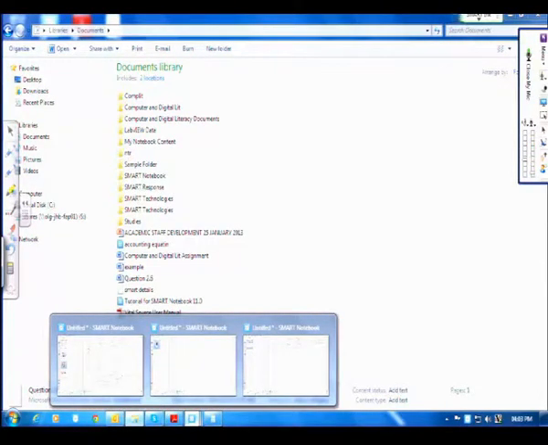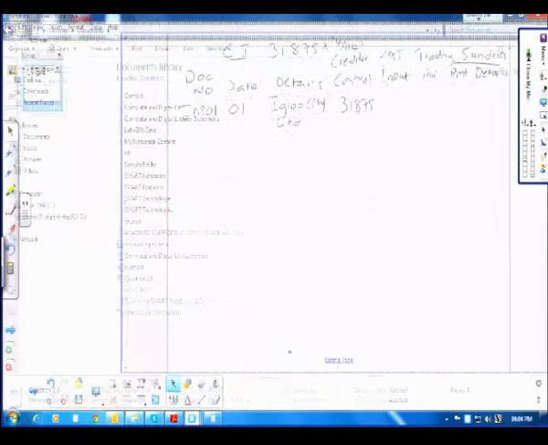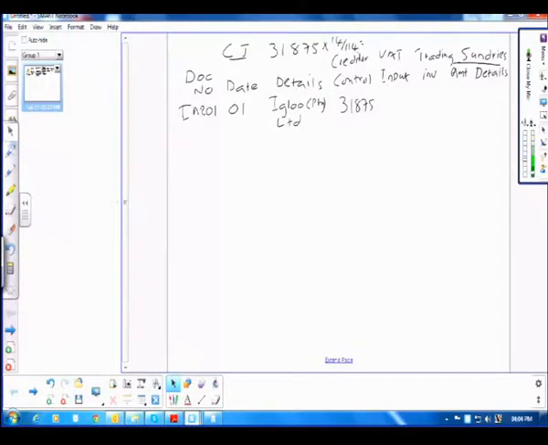So we say our VAT amount is 3914. So in the VAT column, we say 3914. Remember, we take this amount, 31875, multiply it by 14 over 114, and it gets us VAT.